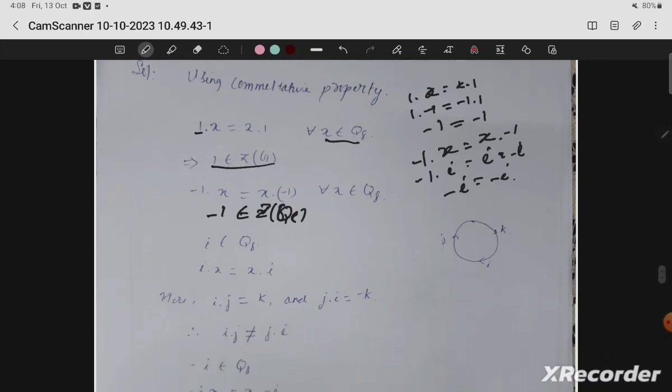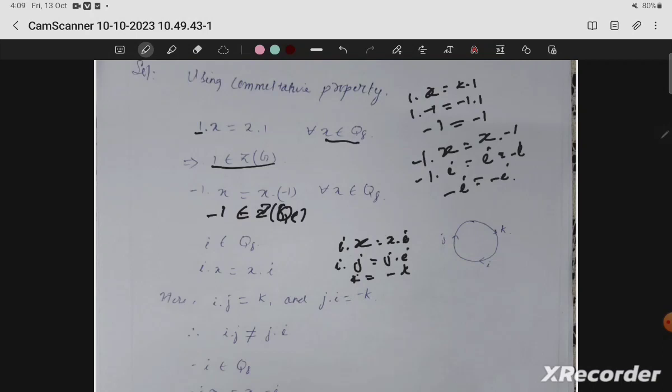Now we will check whether i belongs to the center. So here ix and xi. If x is replaced by, say, j, then ij and ji. Now ij will give us positive k, whereas ji will give us negative k.